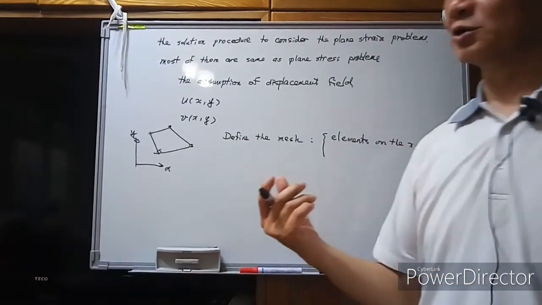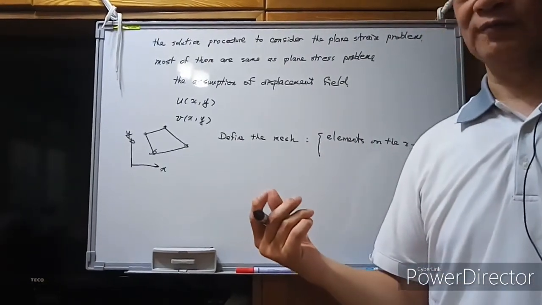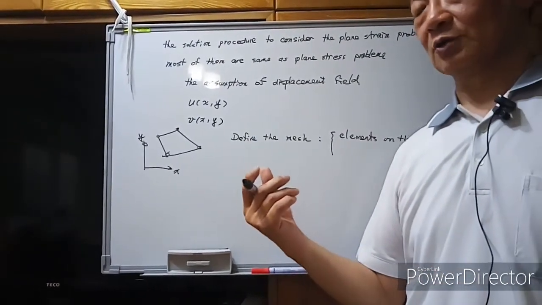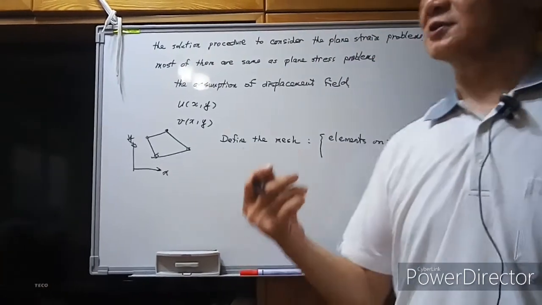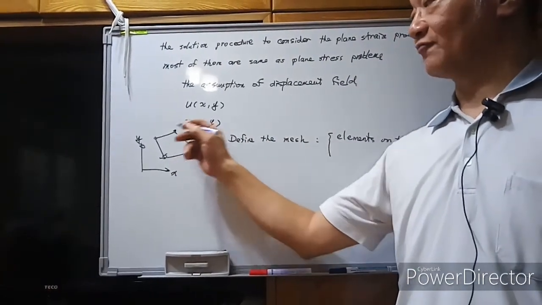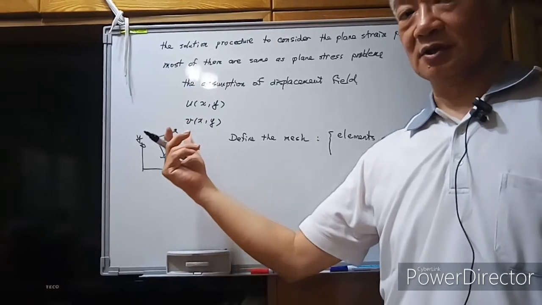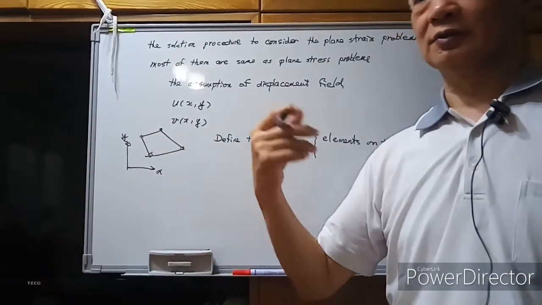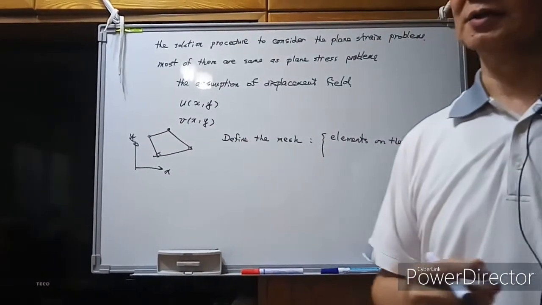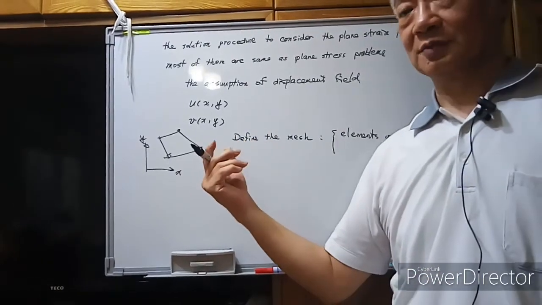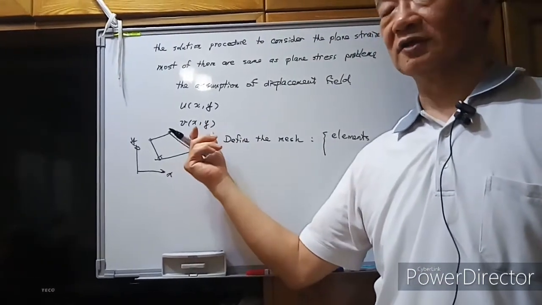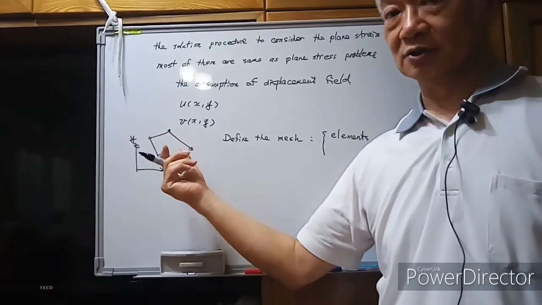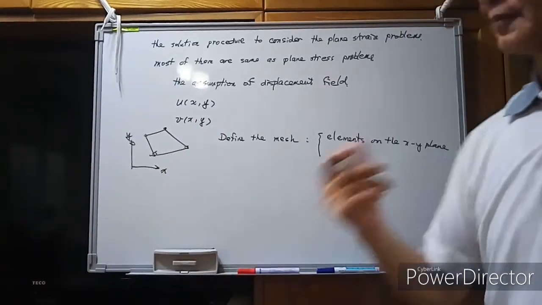For example, if we use the Lagrange interpolation functions or the Lagrange shape functions, it could be the 4-node element or the 9-node element or the 16-node element. If you use the serendipity shape functions, it could be 4 nodes, 8 nodes, and 12 nodes.